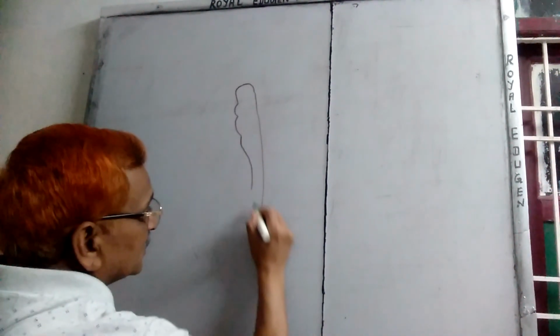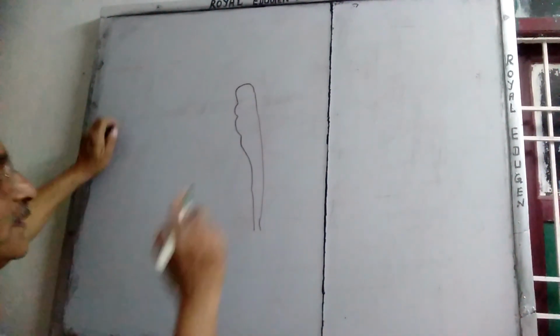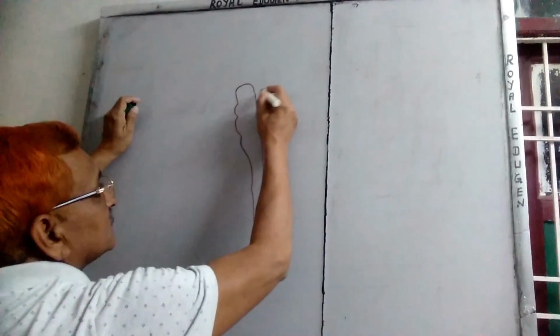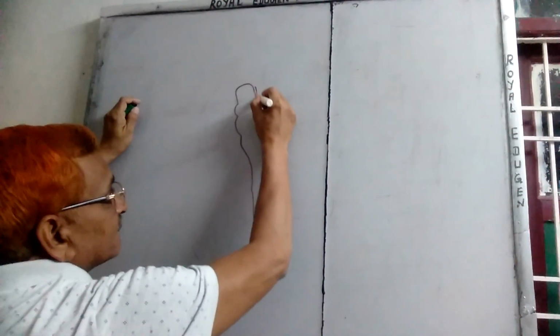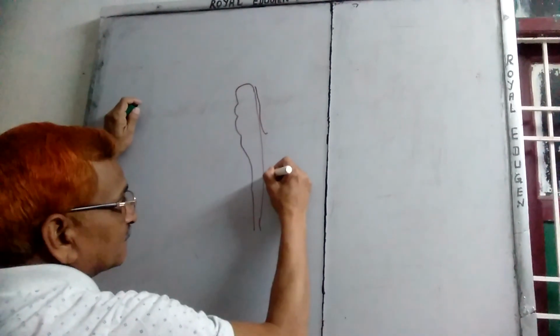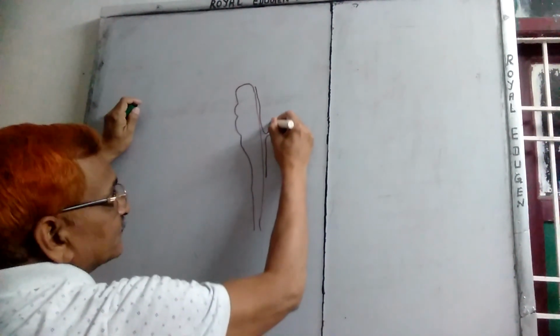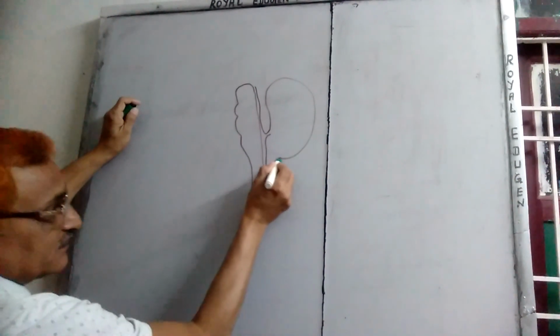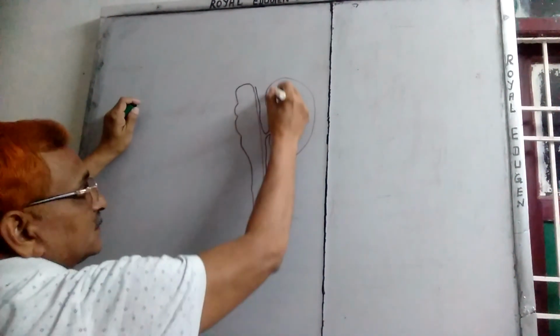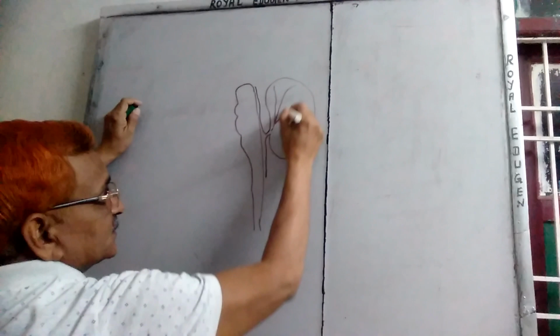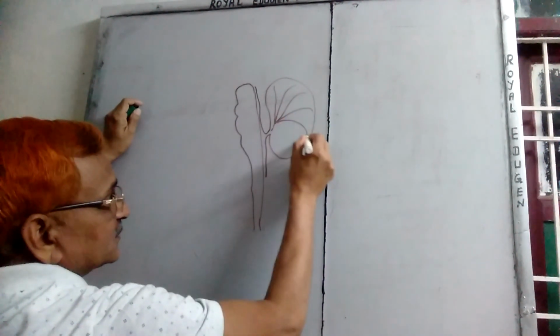This type of structure you can draw, no problem. Then make this type of fan-like structure, a hand fan-like structure.